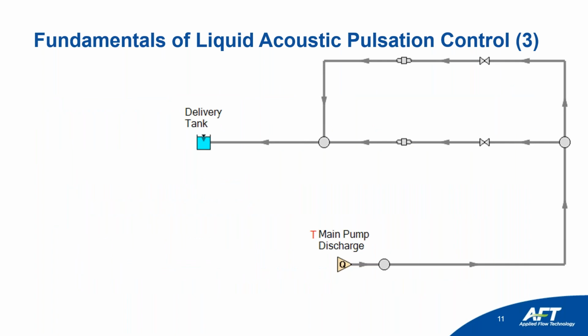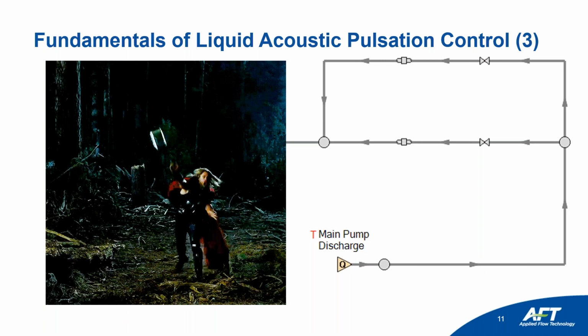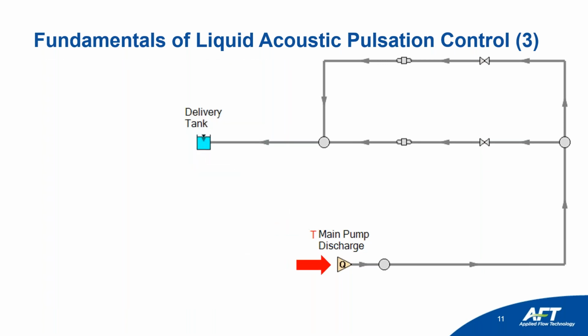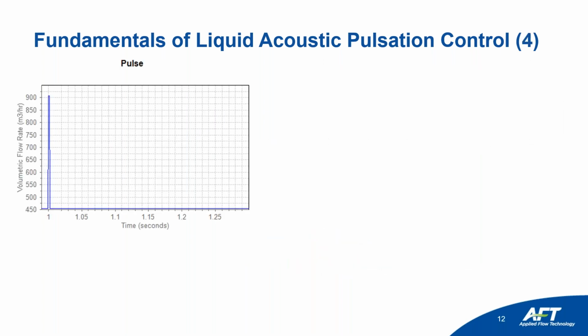So we have a system here and we want to study the acoustical natural frequencies. So we apply a numerical hammer at this point where the pump would be. The numerical hammer is applied by a sudden change in the volumetric flow.